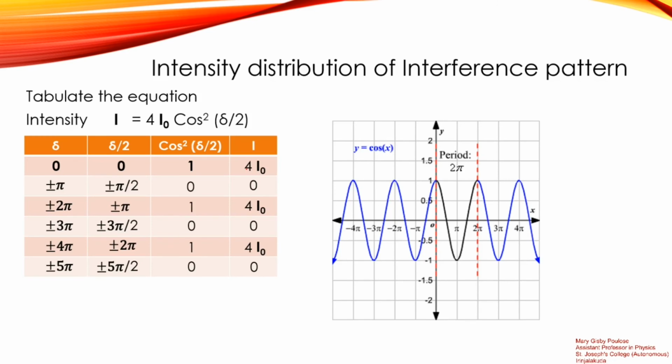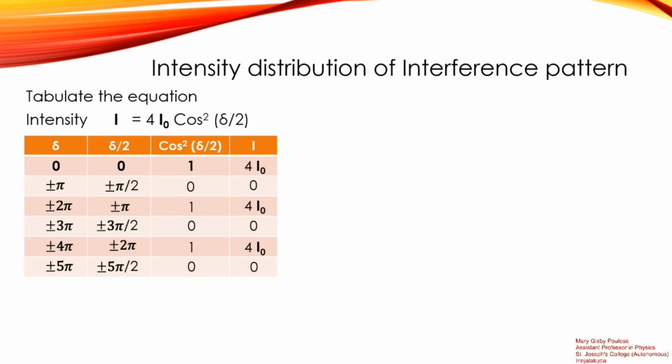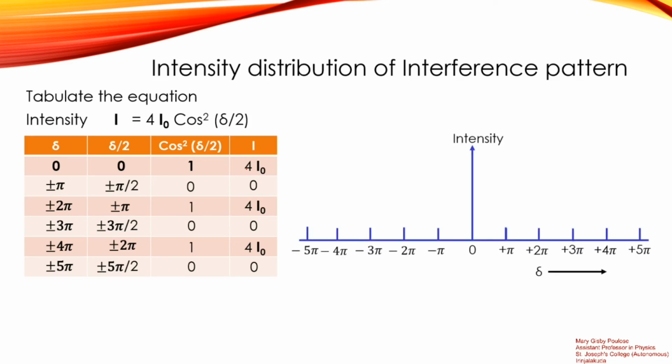Now let us represent this in an intensity distribution curve. For that, we are going to plot the phase difference in the x-axis and intensities in the y-axis like this. So in the x positive and negative axis, we have phase difference values, and on the positive y-axis, we have the intensity.